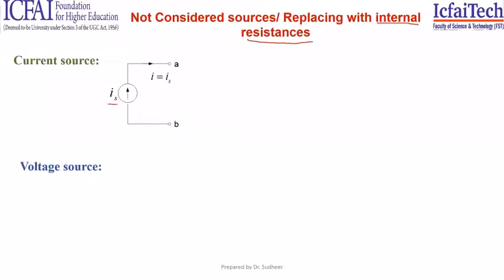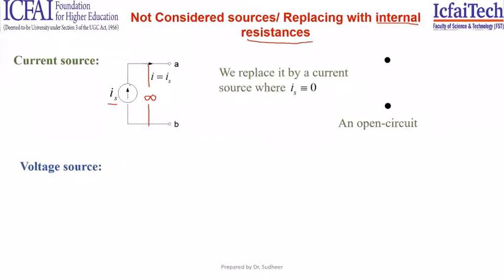The internal resistance of an independent current source is infinity. So whenever you don't want to consider a current source, replace that current source with an open circuit. For example, there is a circuit which consists of a 10 amps current source. If I don't want to consider the 10 amps current source, replace that current source branch with an open circuit.